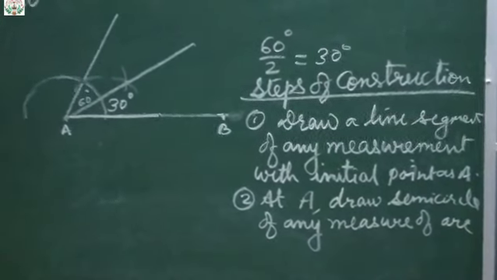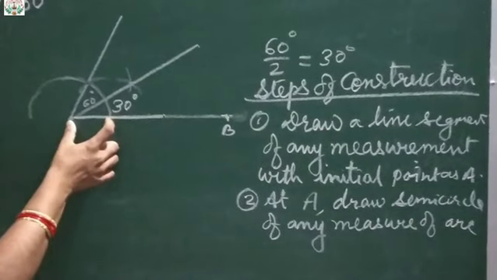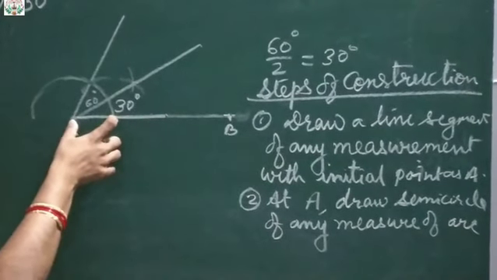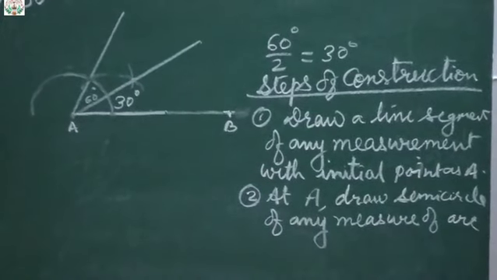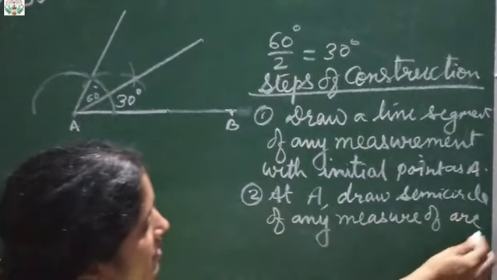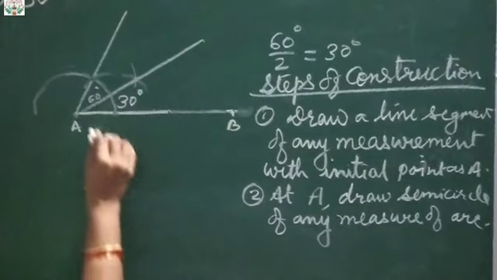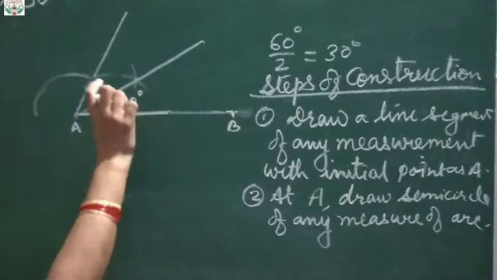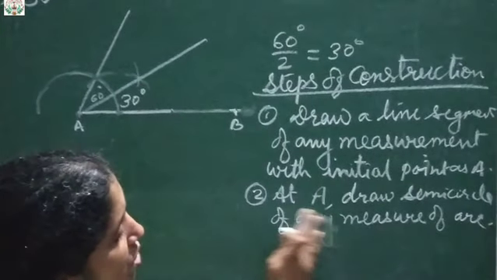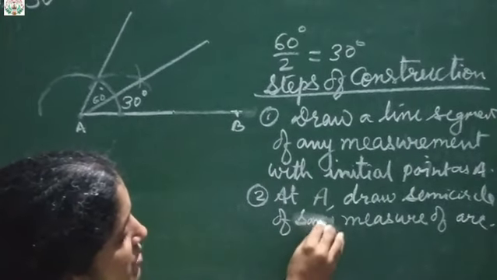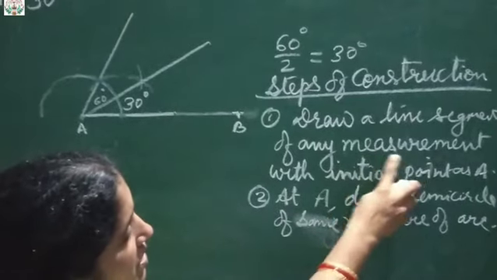Any measure of arc means you can take 1 centimeter, you can take 2 centimeters and draw an arc from here to here. With the same semicircle whatever you have taken, keep here and draw with the same measurement. Do not use any other measurement, it will be the same measurement of arc.